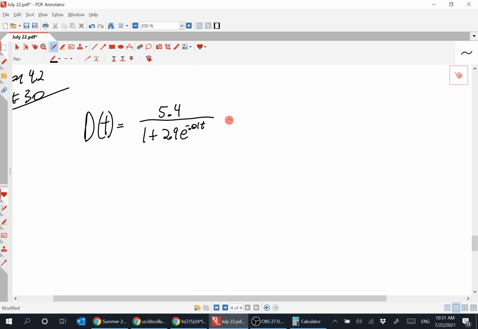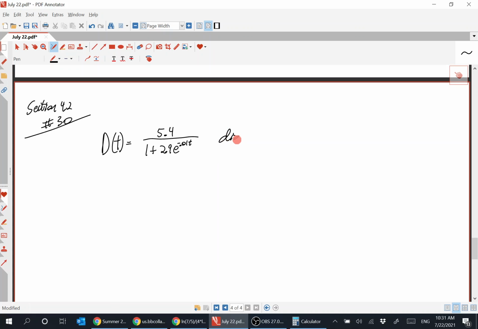So this is equal to the diameter of a t years old tree of a certain type in feet.